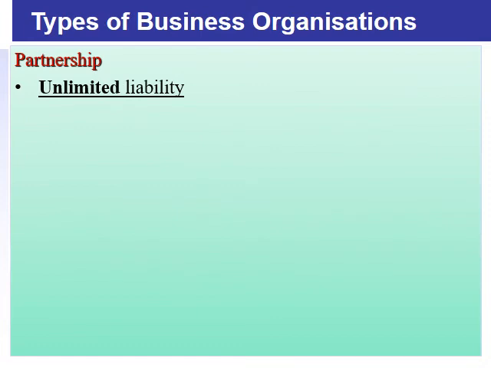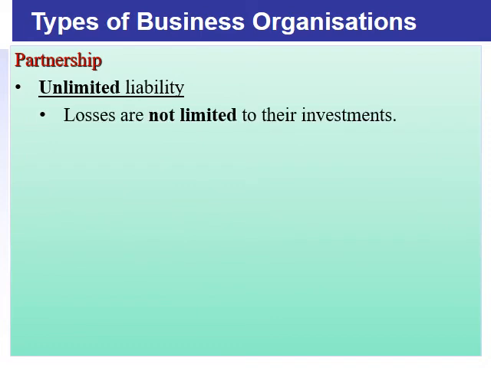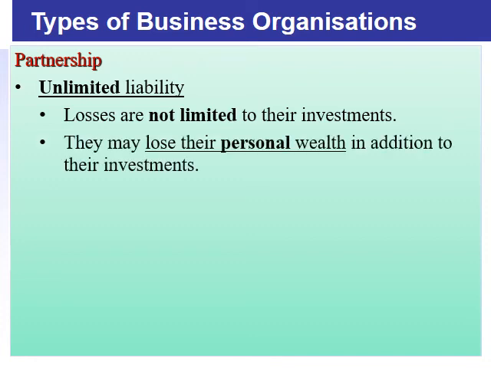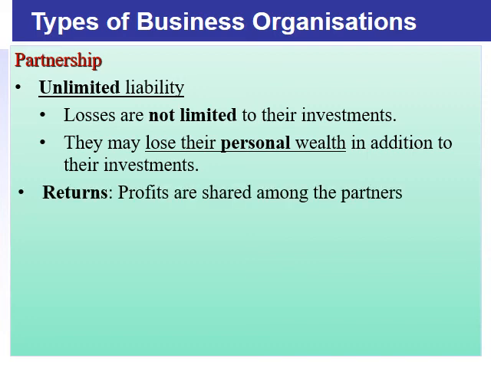It has unlimited liability. Basically, losses are not limited to their investment alone. They may lose their personal wealth in addition to their investments. The profit made from the business is shared among the partners.